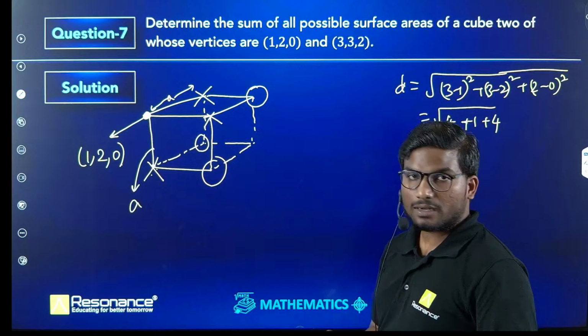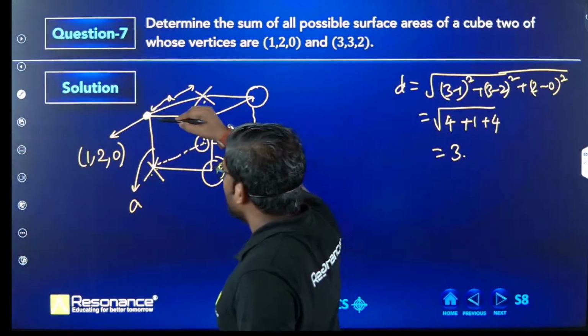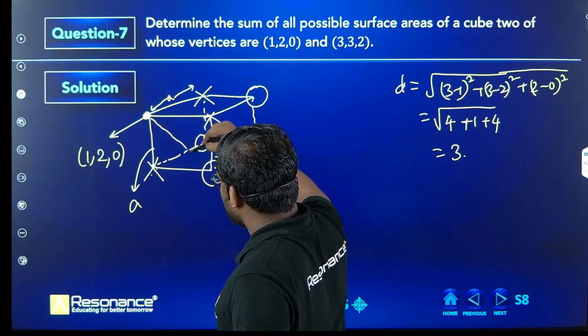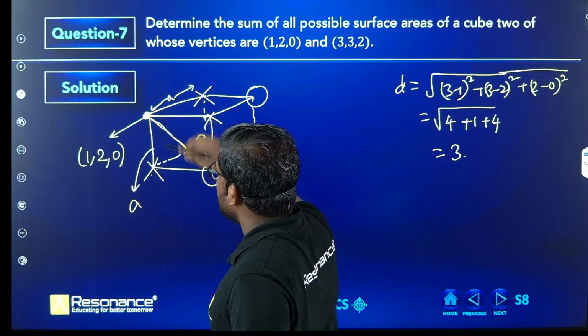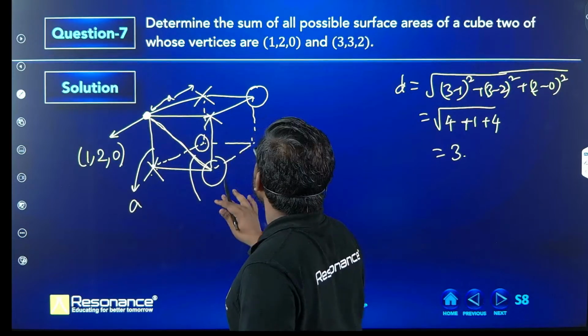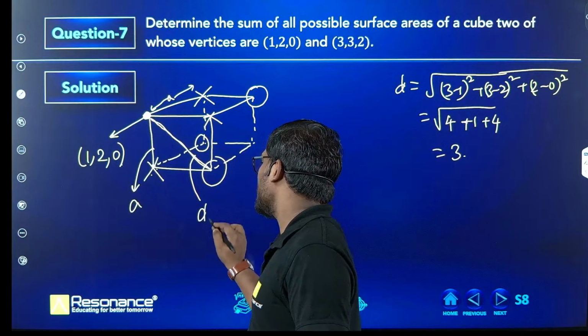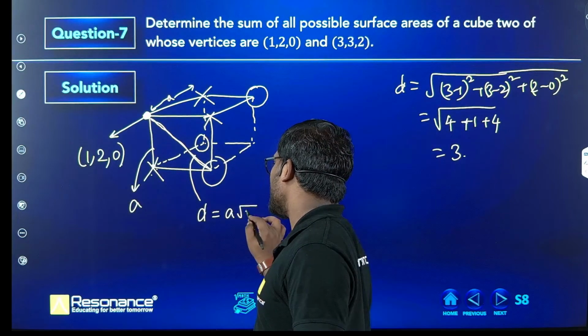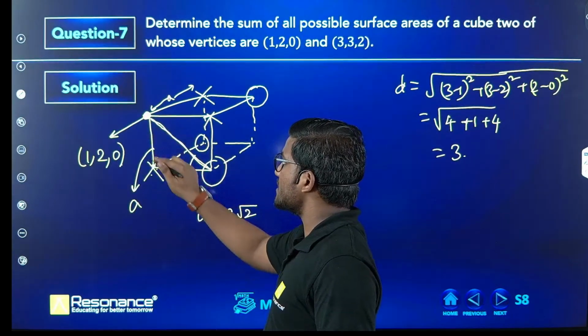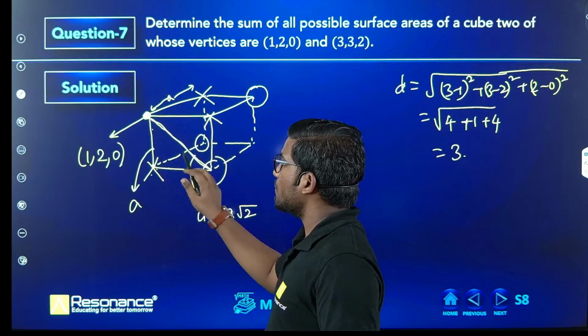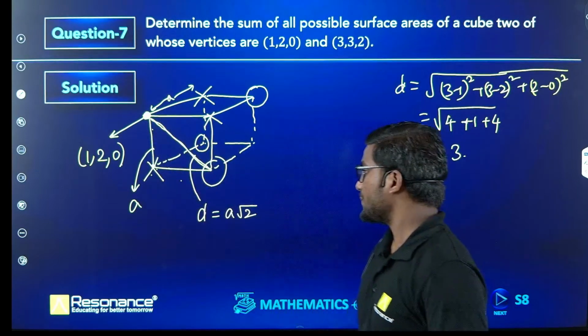So that is one type. And if you plot this distance, if the vertex 3, 3, 2 was here, the distance would have been A into root 2, because this is A and this is A. So this distance is A root 2.